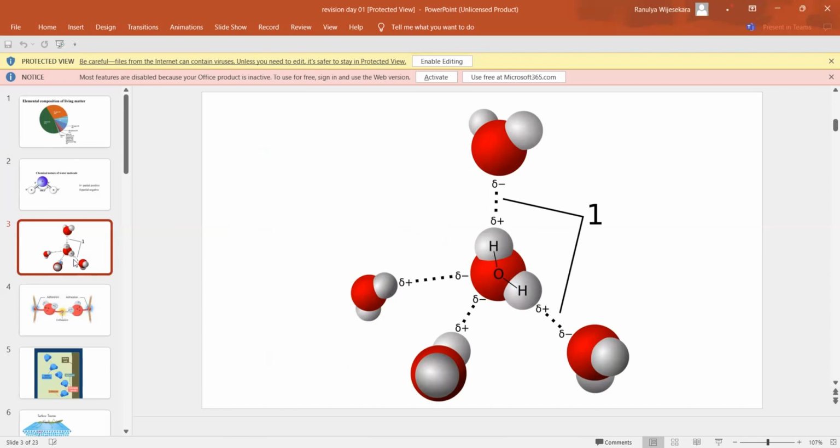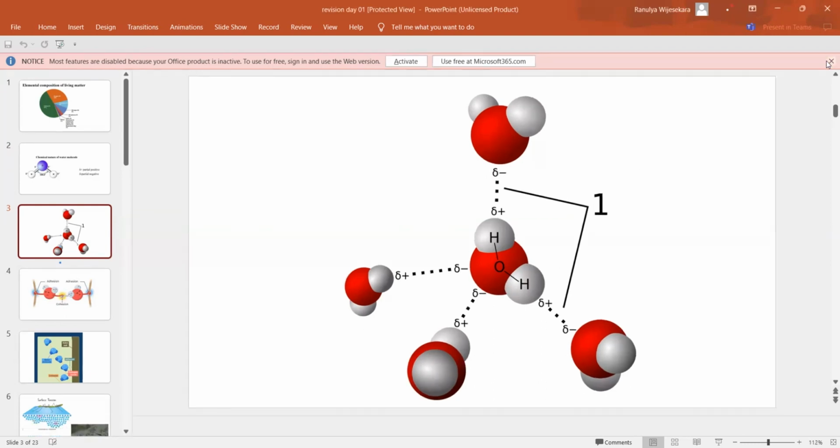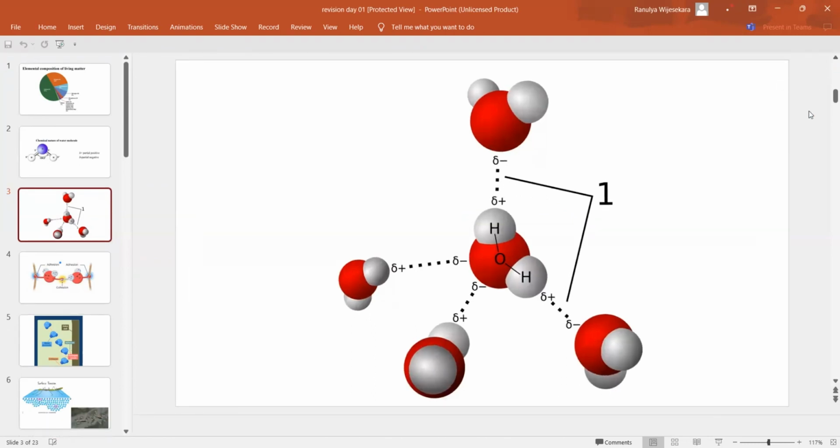Copy down this diagram. Under that, we'll write down the definition of hydrogen bonds.